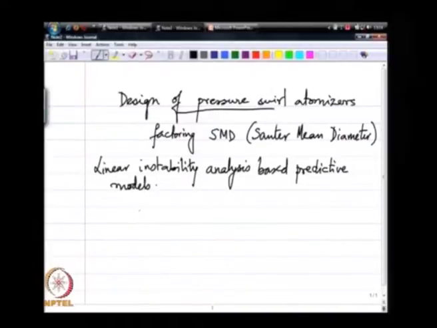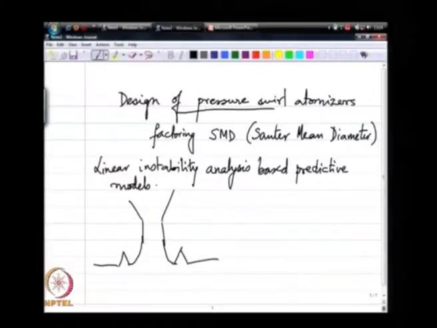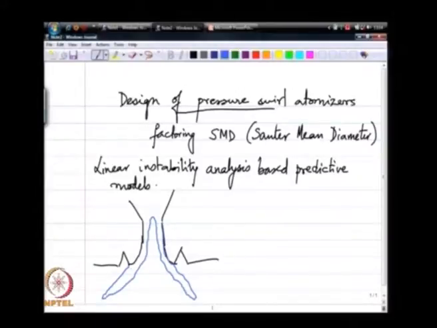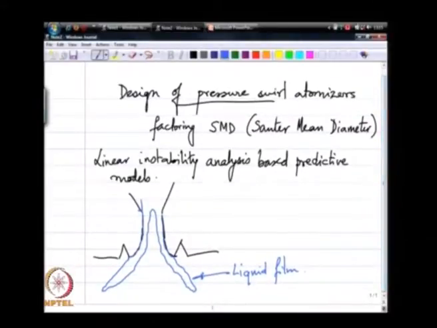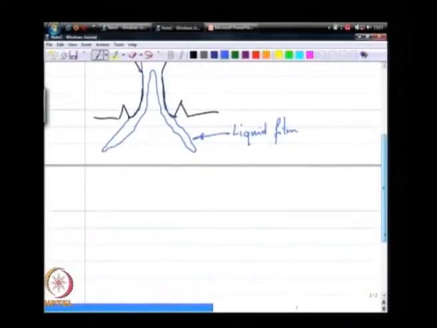Say for example, in a simplex atomizer you may have, let us say this is the exit part, and if you did the reentrant trumpet face at the exit, like we said, you essentially have a liquid film that is exiting your spray nozzle, and this liquid film itself could be swirling.